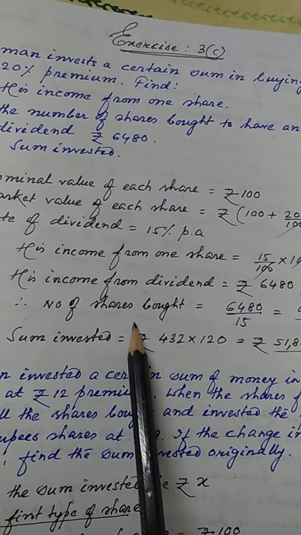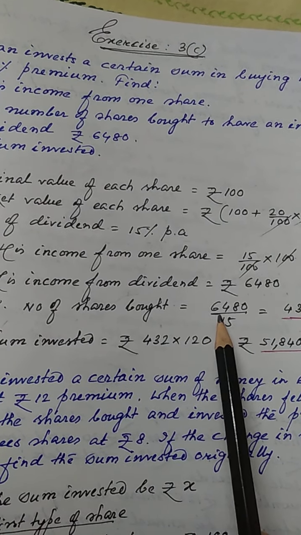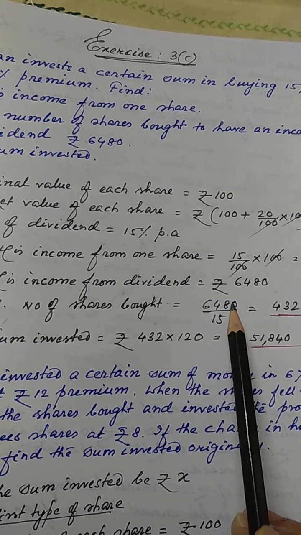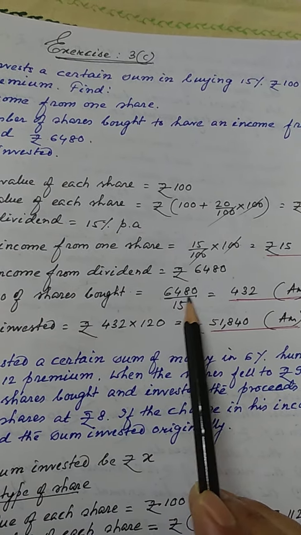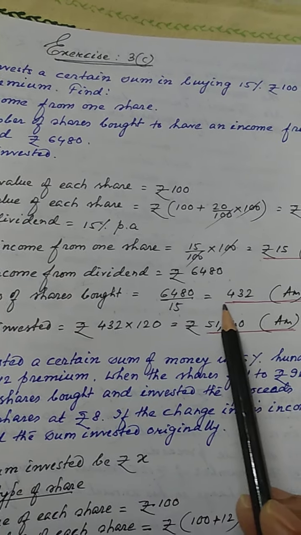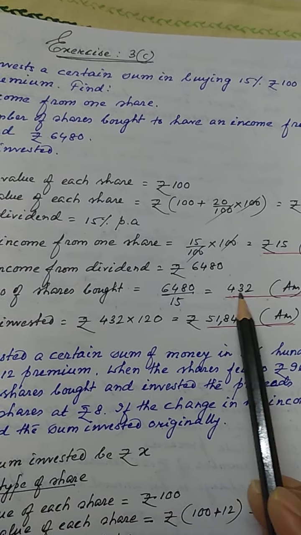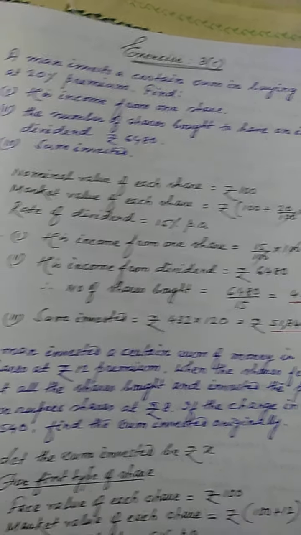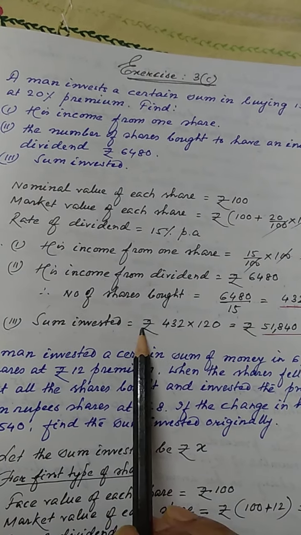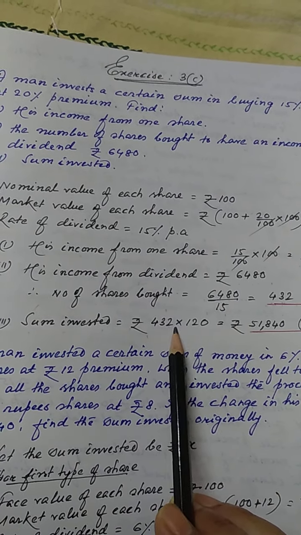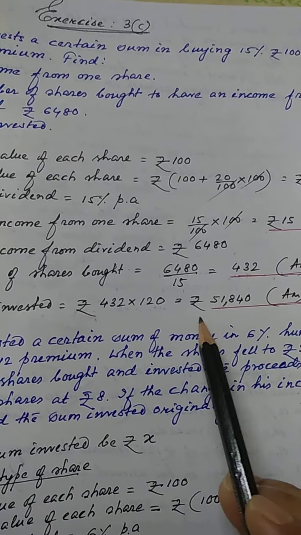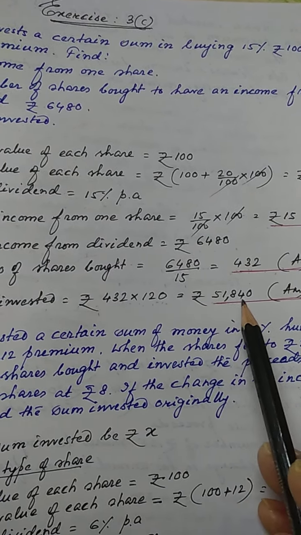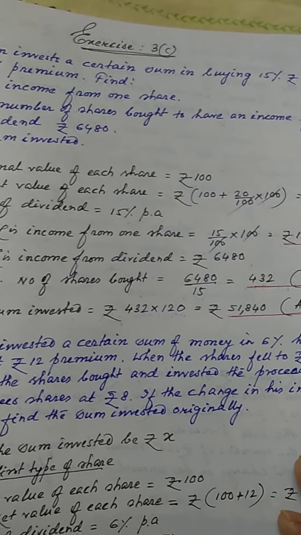So number of shares bought will be the total dividend by dividend of each share. So 6,480 by 15, and it's coming 432. So number of shares is 432, and then sum invested will be number of shares into market value of each share. So 432 into 120, it's coming rupees 51,840. So this is the sum invested.